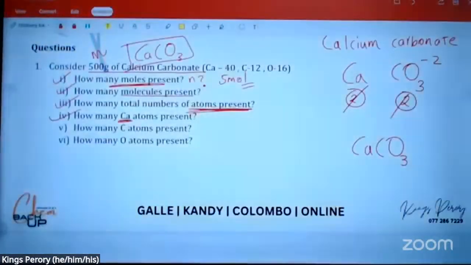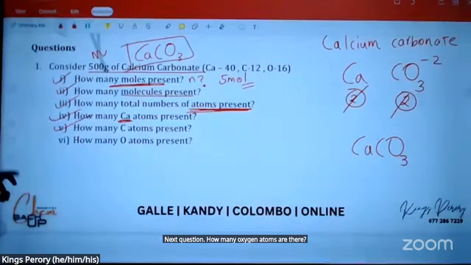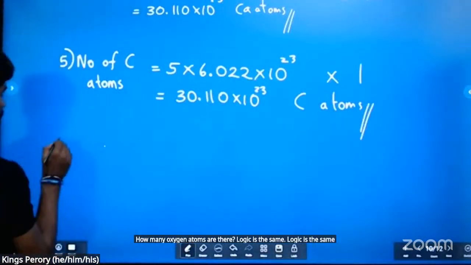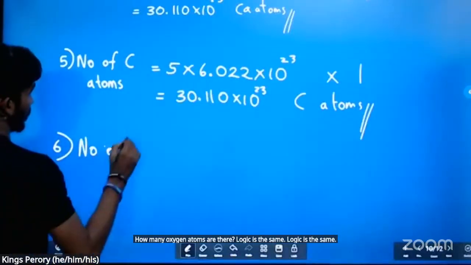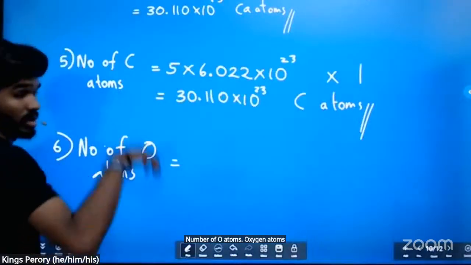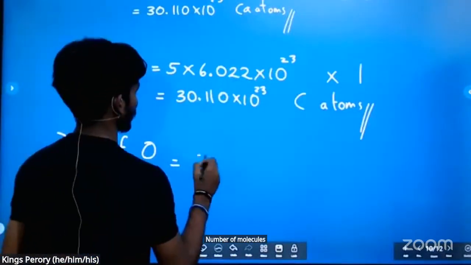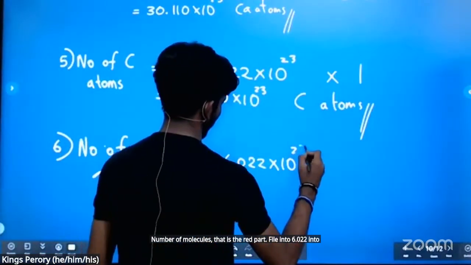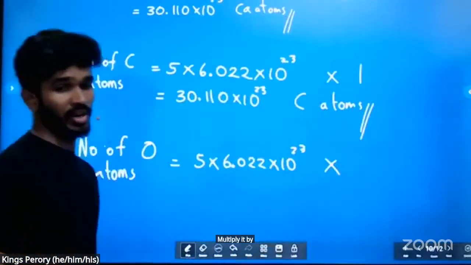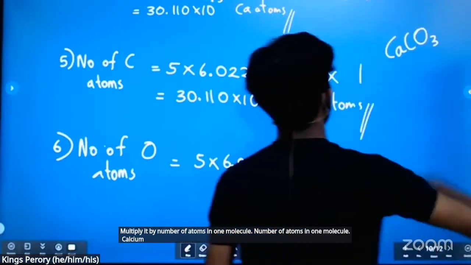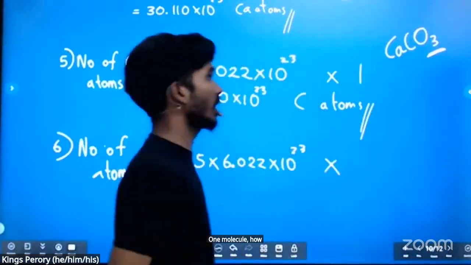Sixth question. How many oxygen atoms are there? Logic is the same. Number of oxygen atoms equals number of molecules, that is the red part, 5 into 6.022 into 10 to the power 23, multiplied by the number of atoms in one molecule. In one molecule of calcium carbonate, how many oxygen are there? 3 oxygen.